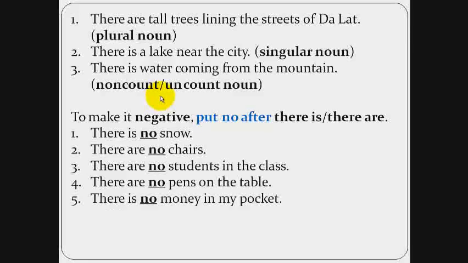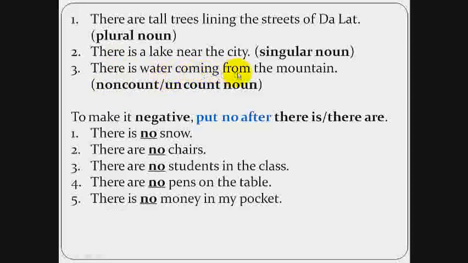These are called uncountable nouns. So when you have an uncountable noun, what will you use? There is. There is rice, there is water, there is sugar, there is milk. So all uncountable nouns will take there is.